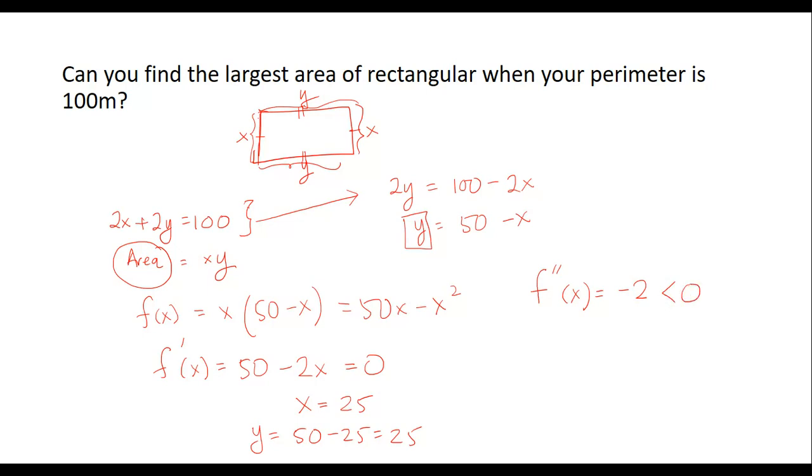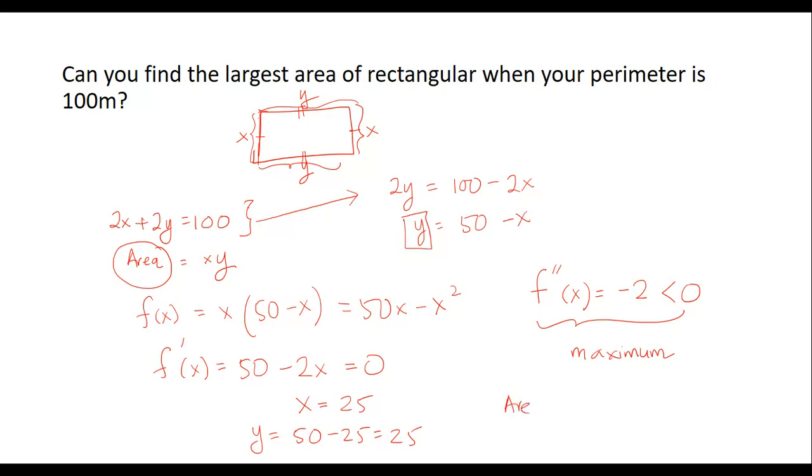Once minus 2 is less than 0, we can conclude that this value portrays my maximum, a relative maximum in this case. So when I need to find the area, I know my x equal to 25 is a maximum, meaning it gives the largest area for the rectangle.